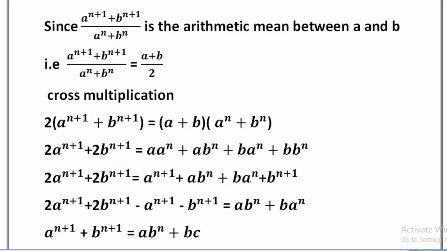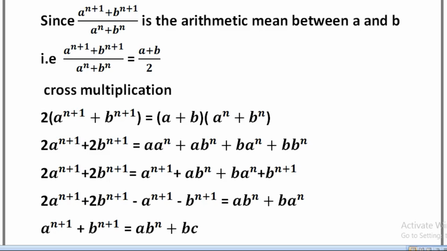So 2a power n plus 1 plus 2b power n plus 1, take a power n plus 1 to the left hand side, so minus sign, a power n plus 1, and take b power n plus 1 to the left side, sign will be negative, minus b power n plus 1, equal to a b power n plus b a power n.